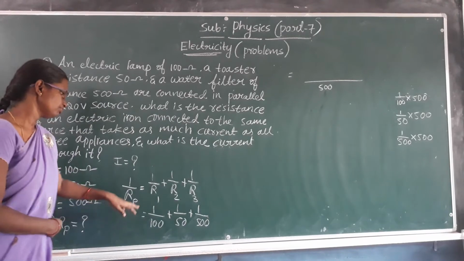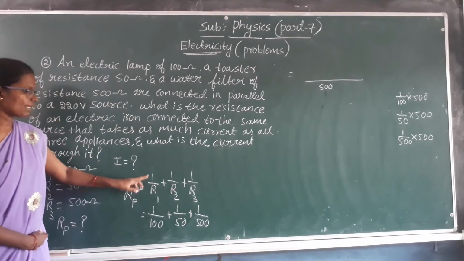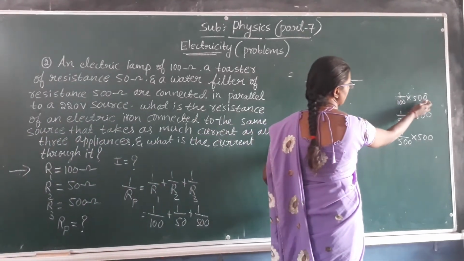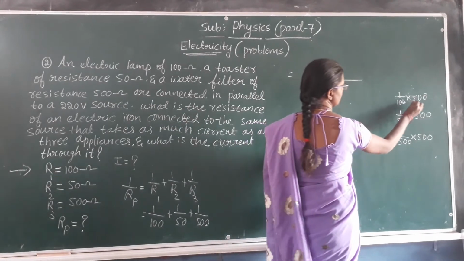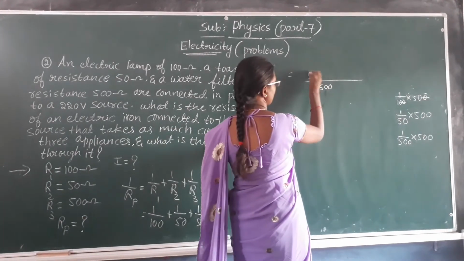For this we have to multiply by 500. So here the zeros get cancelled. So what remains here? 1 into 5, 5 ones are 5, plus.